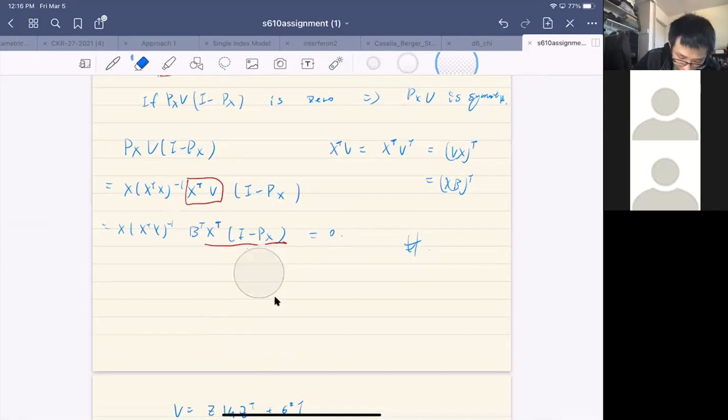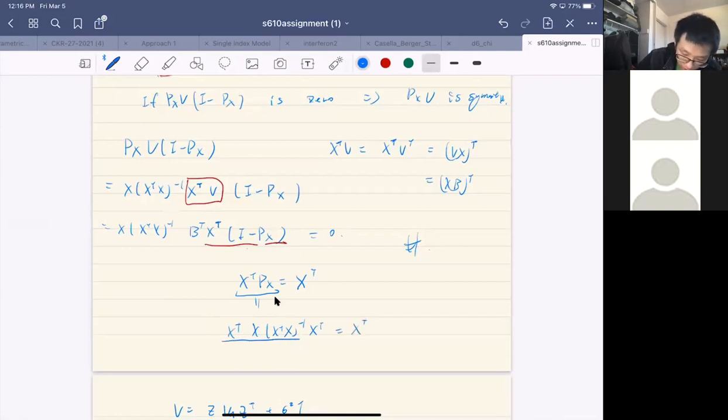So you can know that x transpose P is equal to x transpose, and PS is equal to this. So you can cancel these two terms, they're equal to x transpose. And S transpose I is equal to S transpose. Okay, that makes sense. Thank you. You're welcome.